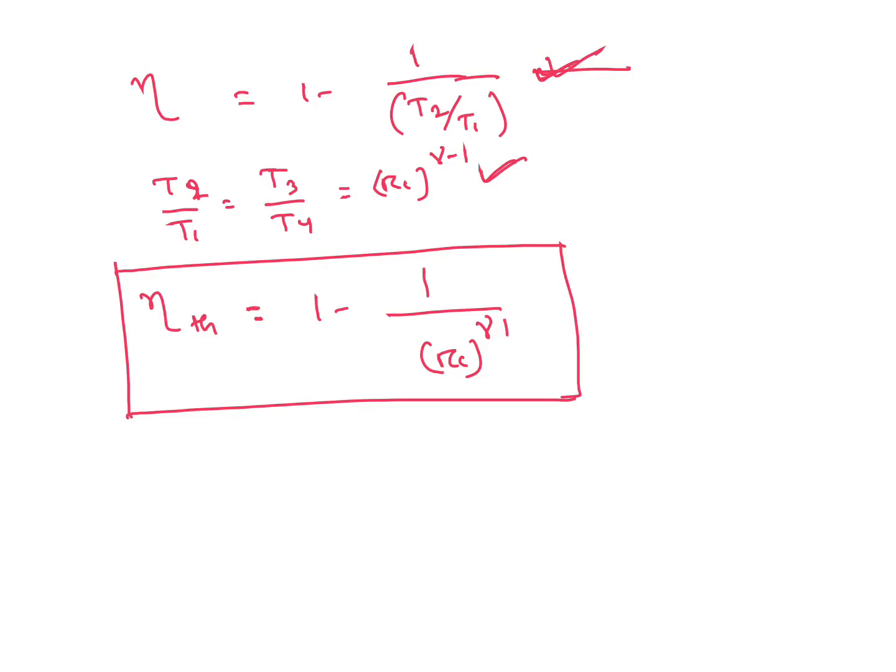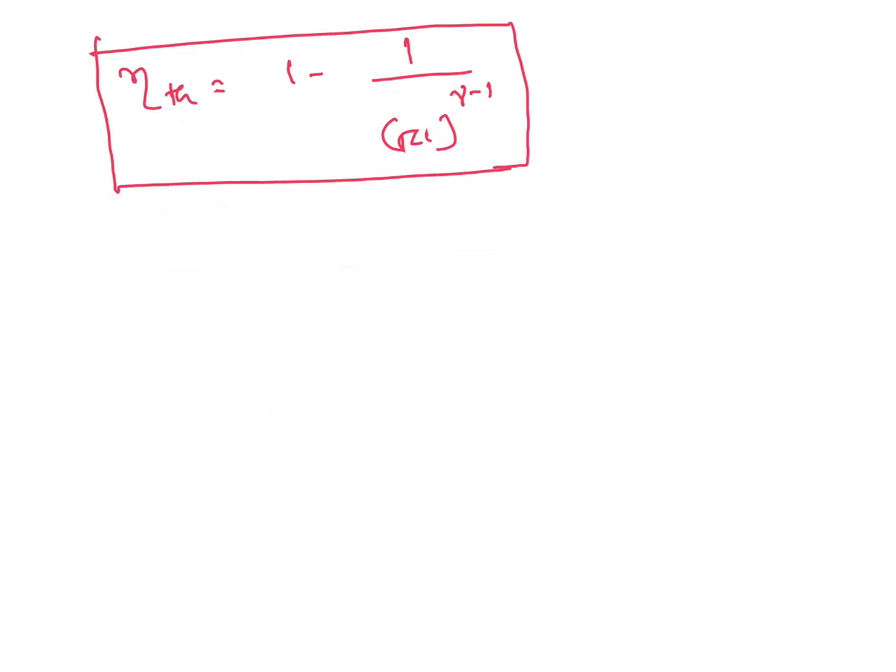And the efficiency of the Otto cycle depends on compression ratio and gamma. If you plot the graph of efficiency versus RC, it will come like this.